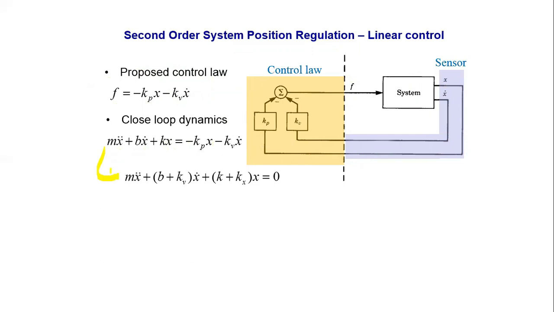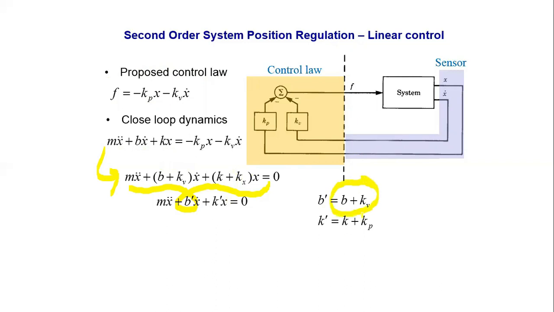This equation can be simplified in this manner. If you compare this expression with the equation of motion of a spring mass damper system without any force, then you can find that this new spring mass damper system will have a damping of b plus kv and a stiffness of k plus kp.